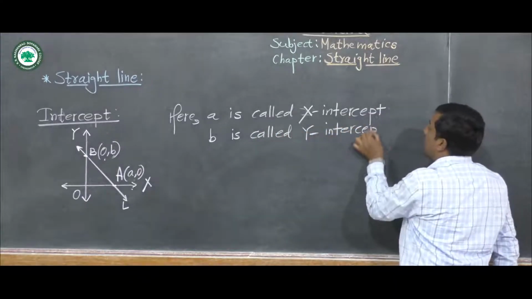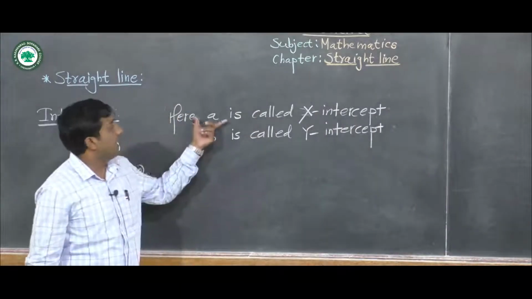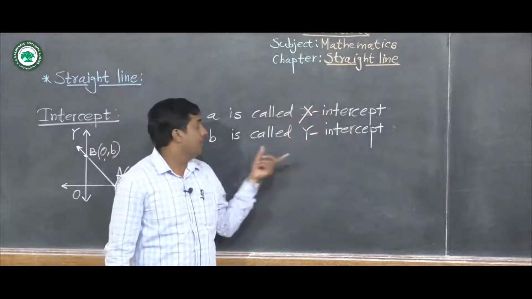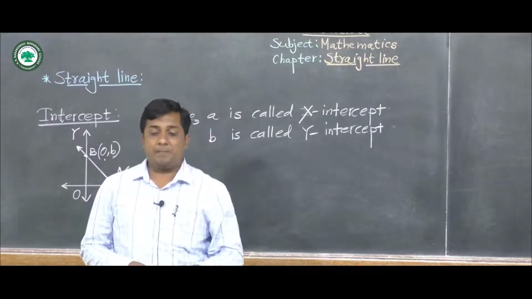So remember this point, it is very important. Here a is called the x-intercept and small b is called the y-intercept.